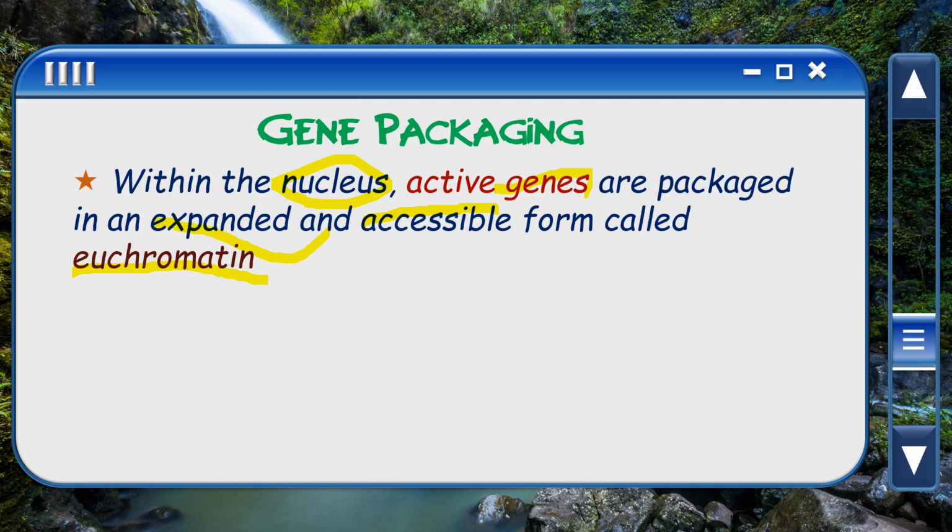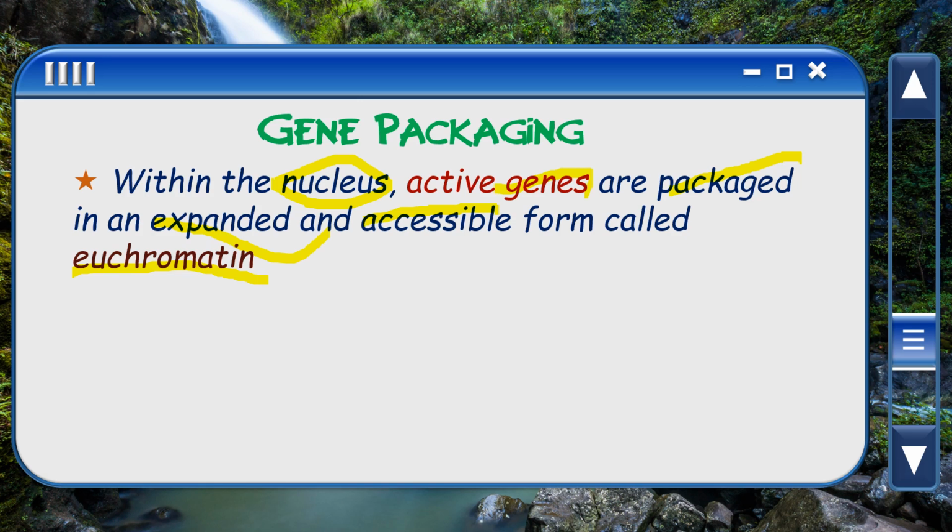We have our set of instructions, the genes on the chromosomes. But all those genes are packaged, the way you pack things in a box. The particular boxes which have got items you want to use at that particular time are the ones that you are going to open.